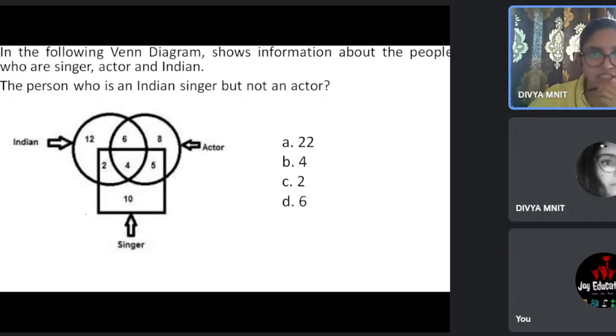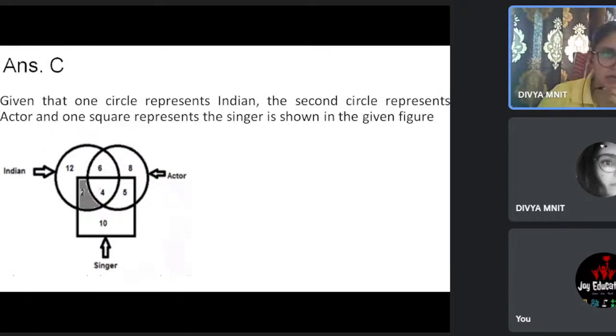Option C. Okay, correct option. This part represents Indian singers who are not actors.